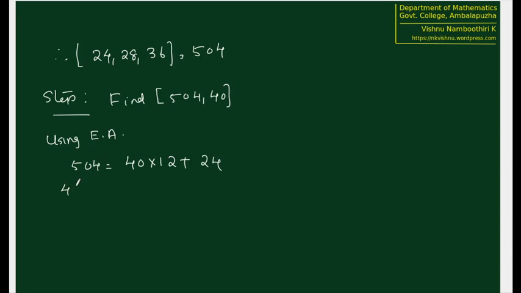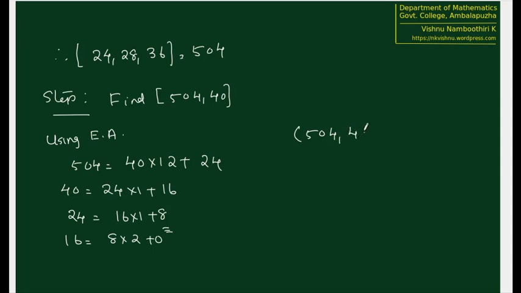Now 40 equals 24 into 1 plus 16. Now 24 equals 16 into 1 plus 8, and 16 equals 8 into 2 plus 0, so the GCD is 8. So the GCD of 504 and 40 is equal to 8.